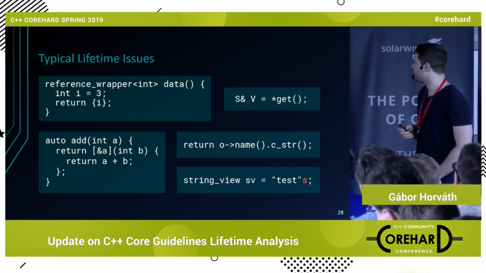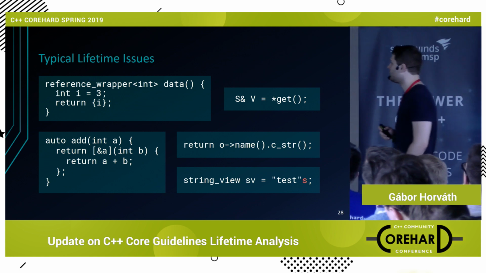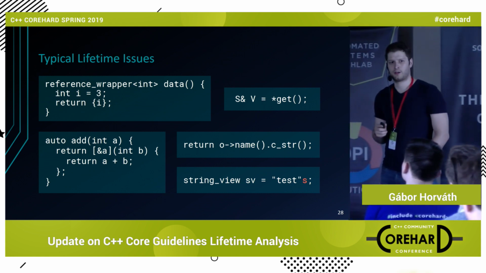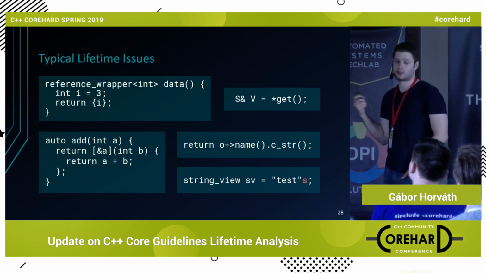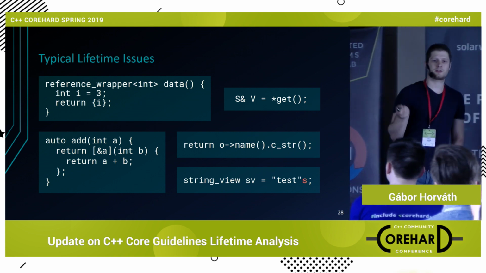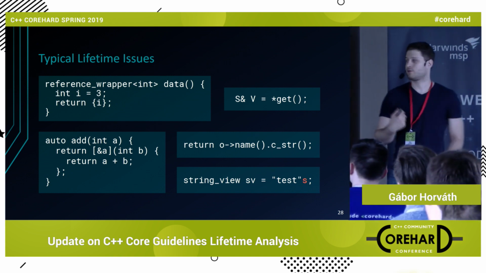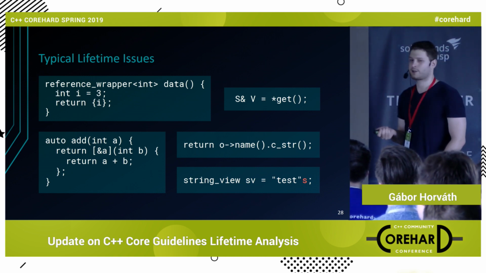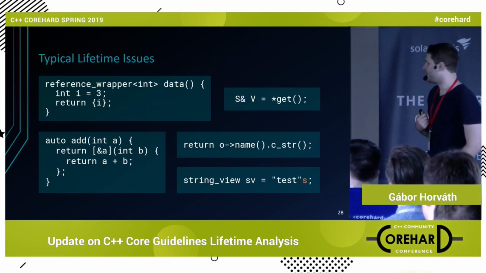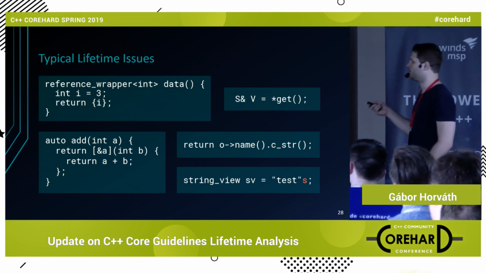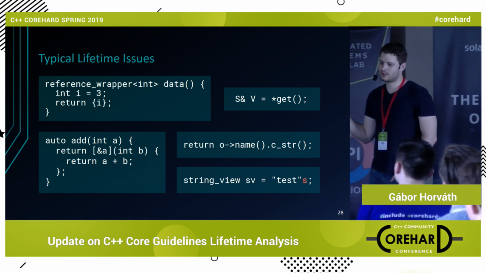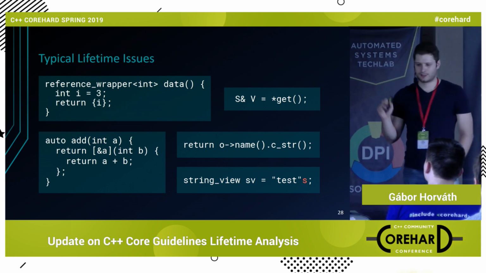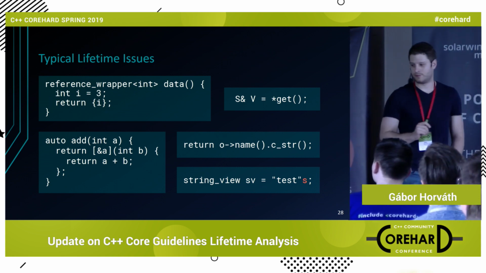In the first example, we return the memory address of a local variable, and of course the local variable will be destroyed by the time we return from this function. So we will end up having a reference wrapper that is dangling. We will not get a compiler warning from this, but this lifetime analysis can find this problem.